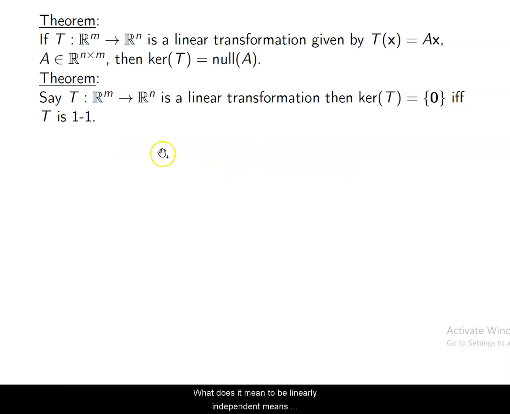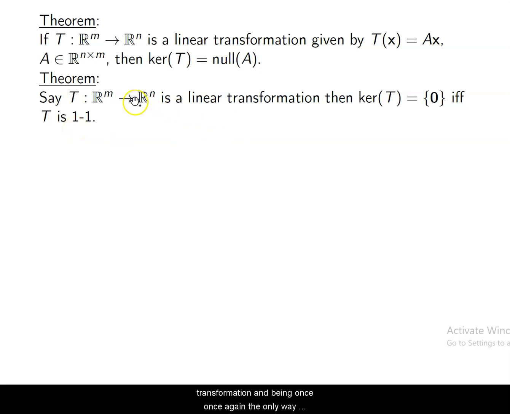And what does it mean to be linearly independent? It means that the only solution when setting something equal to 0 is the trivial solution, when all of your variables are 0. That's all that this thing is saying again. It's just saying it in the form of transformations and being 1 to 1.